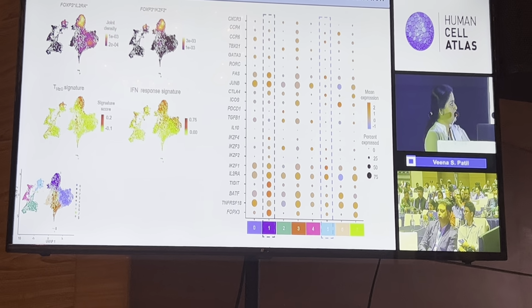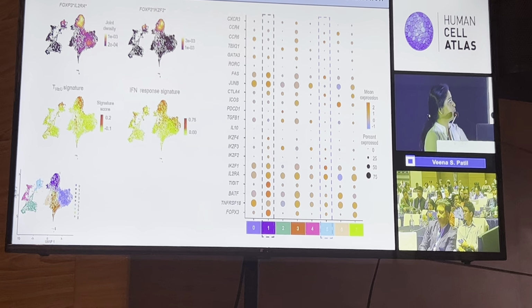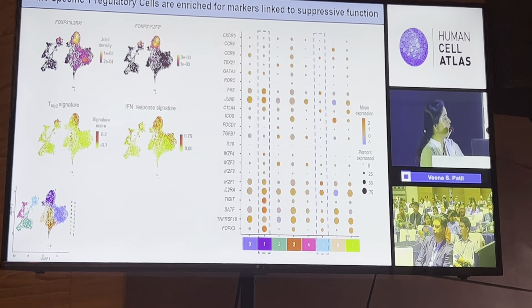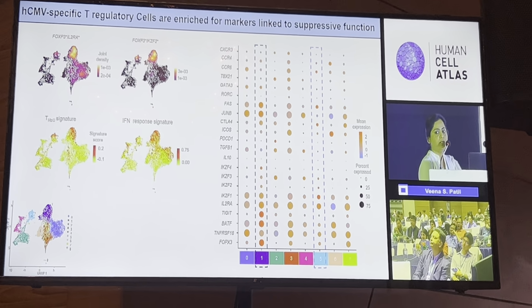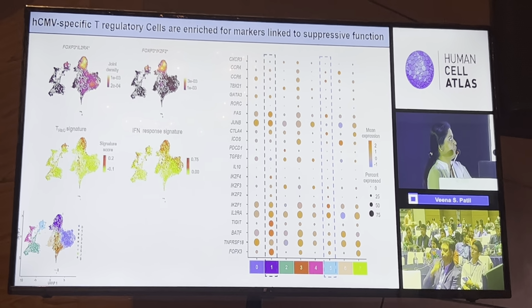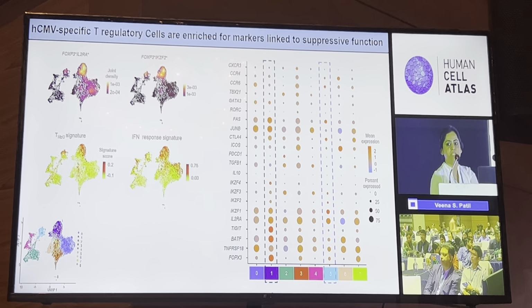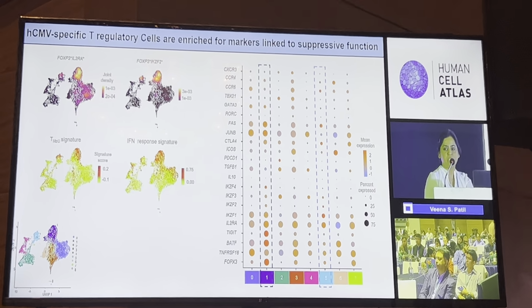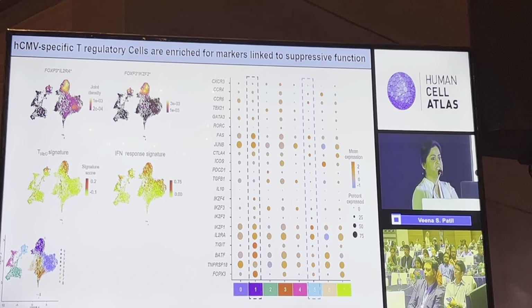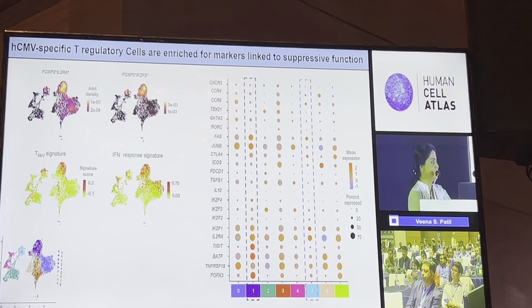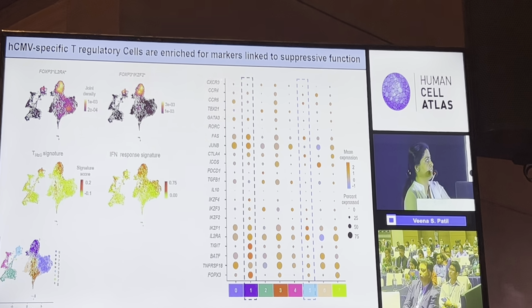We have many other evidences, but in the interest of time, I'm going to skip that. We also saw that these clusters express GATA3, not T-bet or ROR-gamma-t, indicating that they're potentially Th2 suppressive Tregs. And if anyone wants to hear more about it, I'll be happy to talk later.